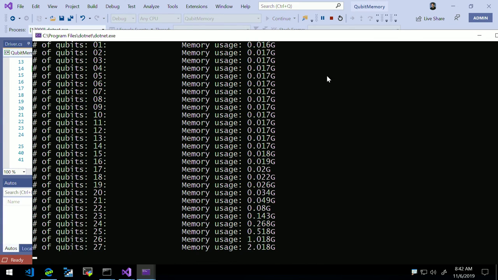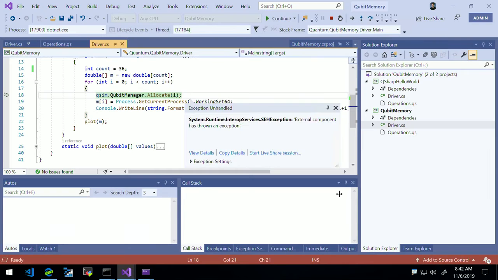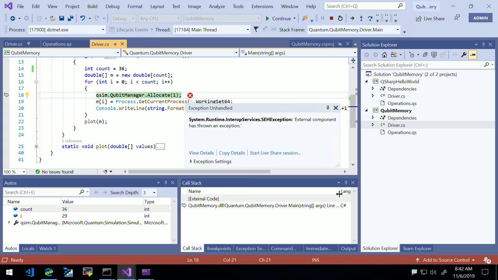26 qubits is 1 gig, 27 qubits, 28 qubits is 4 gig. So this is why it's so hard to do these kinds of problems that on a quantum computer are trivial, is because of that. And then we just crashed, ran out of memory. You can see system runtime exception. And where did we bottom out?